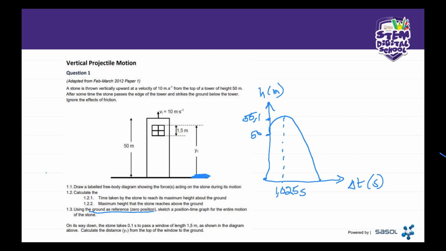So this would be a graph that explains basically what is happening and everything else that we've calculated. Okay, so this will be our question 1.3.